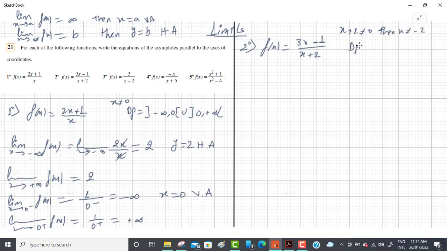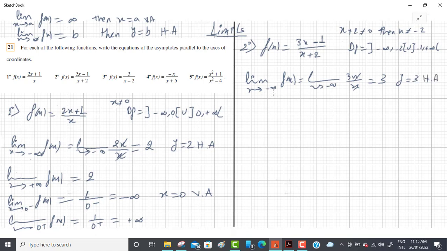The domain will be minus infinity to minus 2 union minus 2 to plus infinity. This is the first step. Second, we should calculate the limits. Limit as x tends to minus infinity of f of x equals the limit as x tends to minus infinity of 3x over x, and the answer is 3, so y equals 3 is a horizontal asymptote.